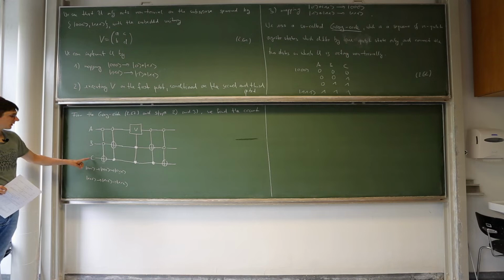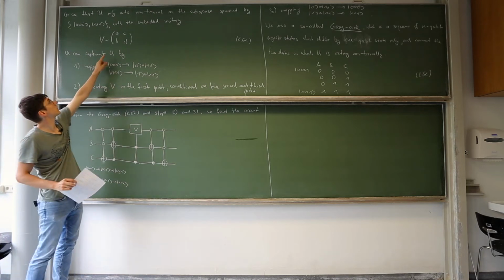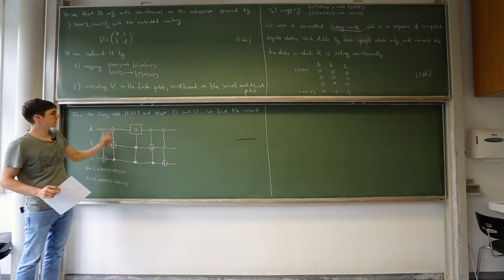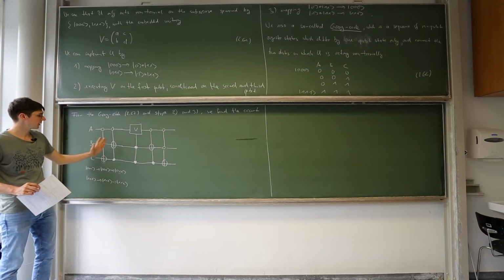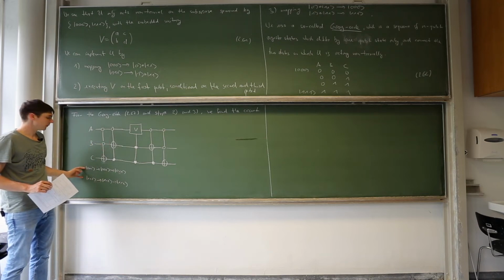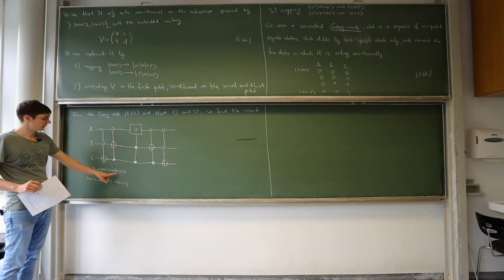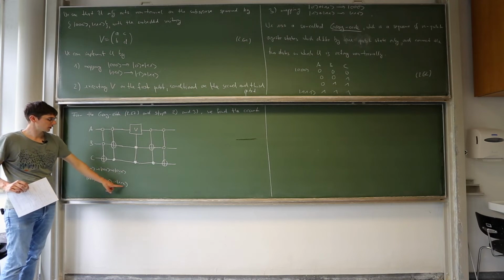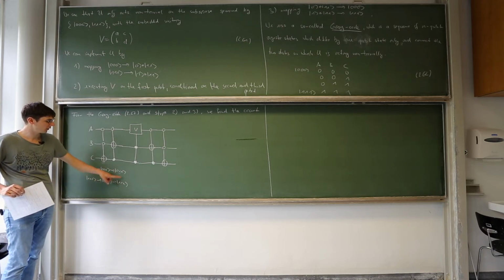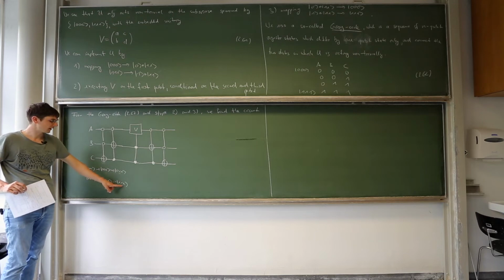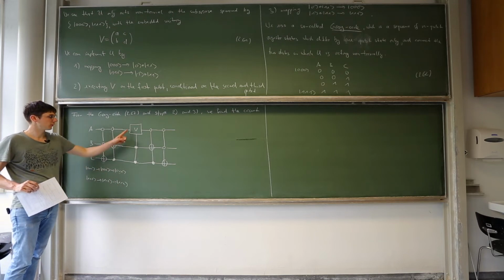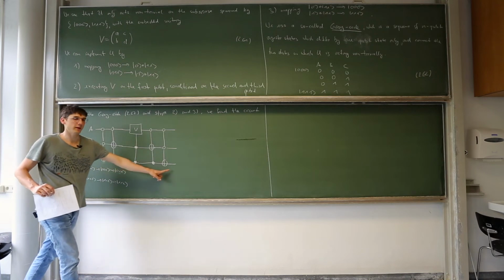So with this circuit, we now implemented this two-level unitary U, which has as a sub-unitary this matrix B. First, the sequence transforms the basis states on which our two-level unitary acts non-trivially onto these basis states 011 and 111, such that we can implement a unitary on the first qubit, conditioned on the state of the other qubits. This is what we do here, and then we simply transform back.